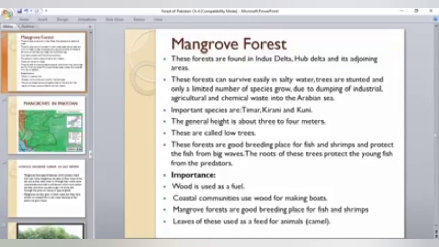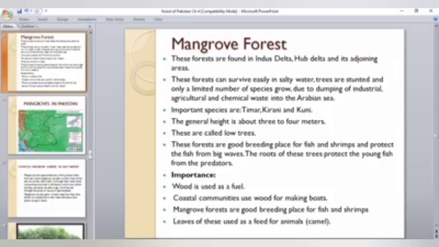Important species are Timar, Kiraning, and Kunni. The general height is about 3 to 4 meters. They are called low trees. These forests are a good breeding place for fish and shrimps and protect the fish from big waves as well. The roots of the trees protect the young fish from predators.